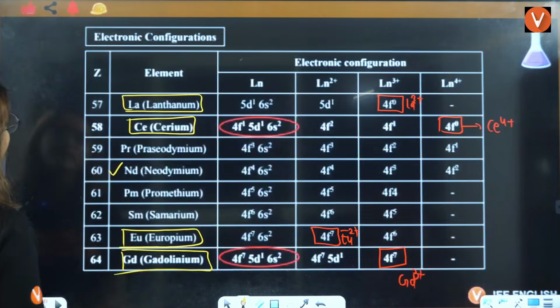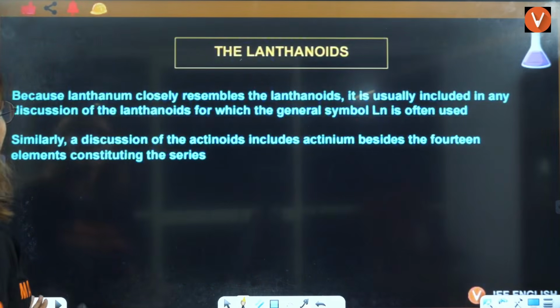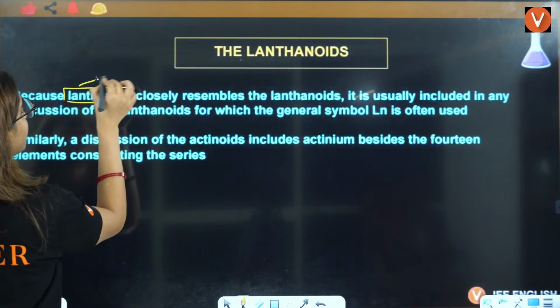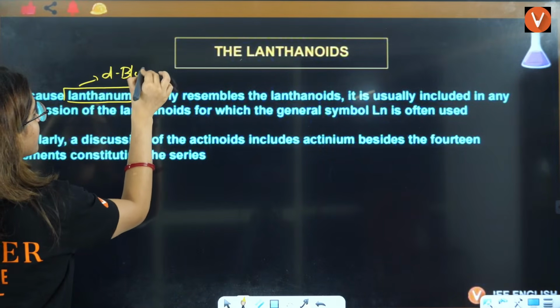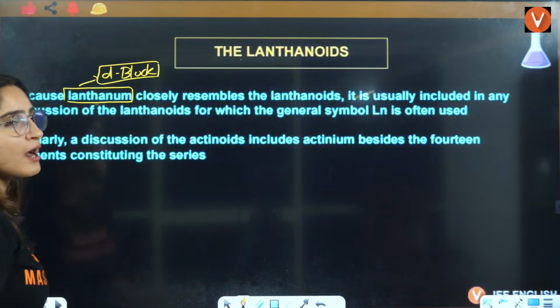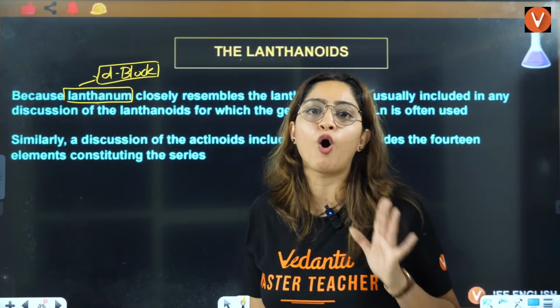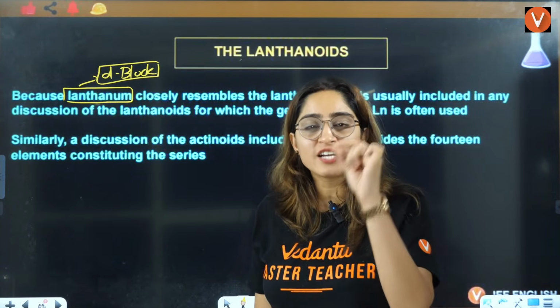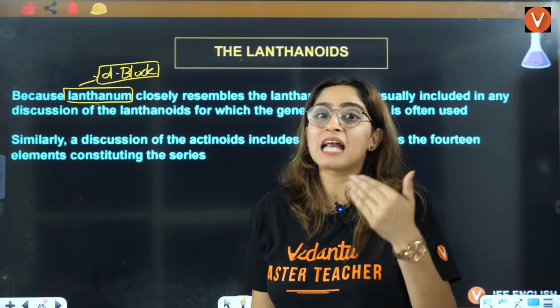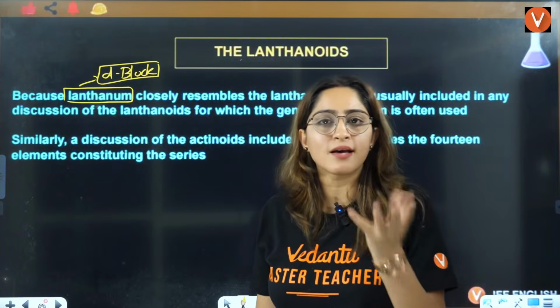But lanthanum is actually a part of D block. Lanthanum is not a part of F block. Why is it studied under F block? Because the properties are similar.